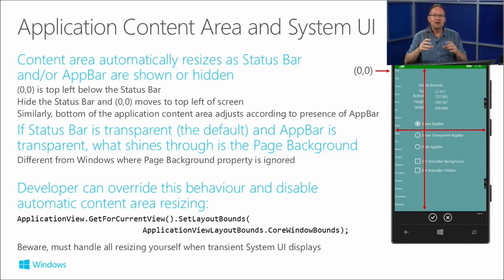That becomes your area, and it dynamically changes. So if in your code you set the visibility of your application bar to hidden, and the application bar goes away, then your area will automatically expand out that you can draw to. This all happens for you automatically, so you don't have to worry about it, and it makes designing for this very, very simple.